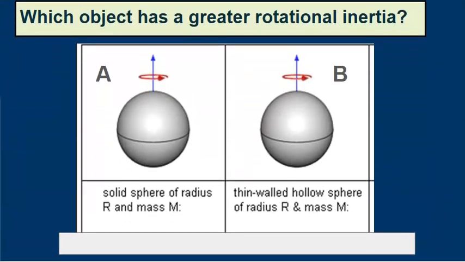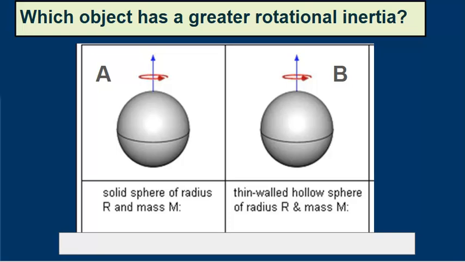All right, this is a little bit of a logic question, and then we will reveal the answer. Which object has a greater rotational inertia? Object A is a solid sphere of radius r and mass m, so like a super ball. Object B is a thin-walled hollow sphere of radius r and mass m.